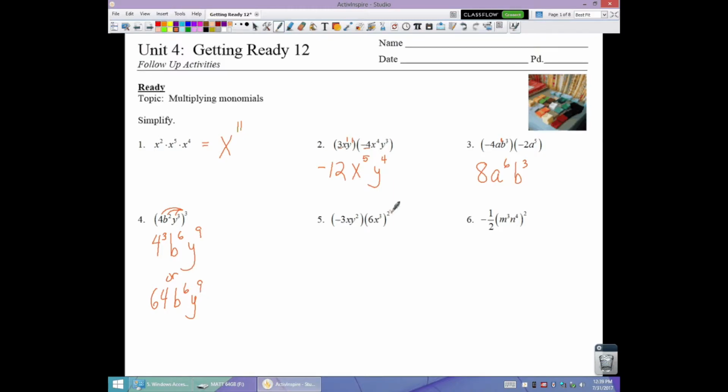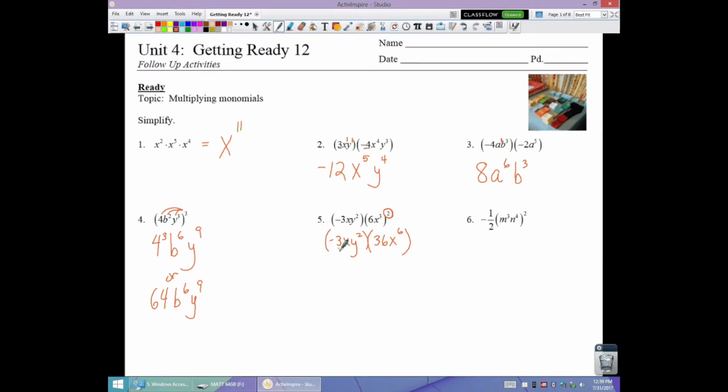Okay, in this one, before you get excited and start multiplying negative 3 times 6, we're going to first have to apply this exponent that's outside the second parentheses. So the first one I'll leave alone for now, and that'll be multiplied by, now this is 6 to the second, which normally I would say you could go ahead and leave it 6 squared, but since I know I have a negative 3 out here to multiply with it later, I'm going to go ahead and say 6 squared is 36, and then x to the 2 times 3 is 6th power.